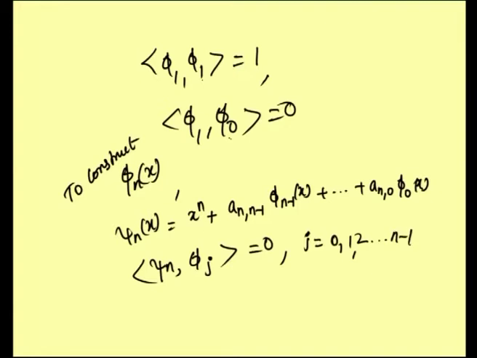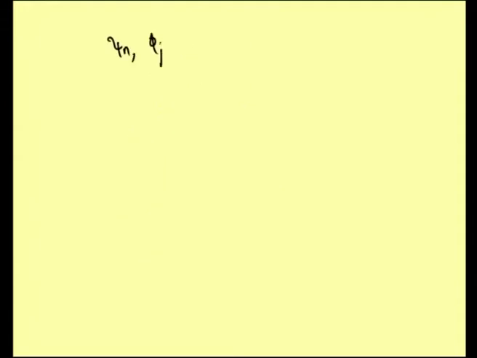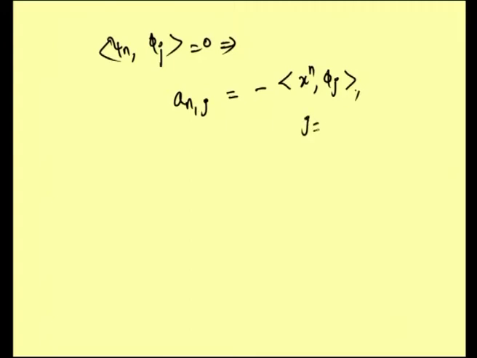We will also have psi n comma phi j equals 0, which implies that a n comma j is equal to minus x power n comma phi j. Okay. And then phi n of x, with j from 0, 1, 2, etc. up to n minus 1, will be phi n of x equal to psi n of x divided by the norm of psi n.